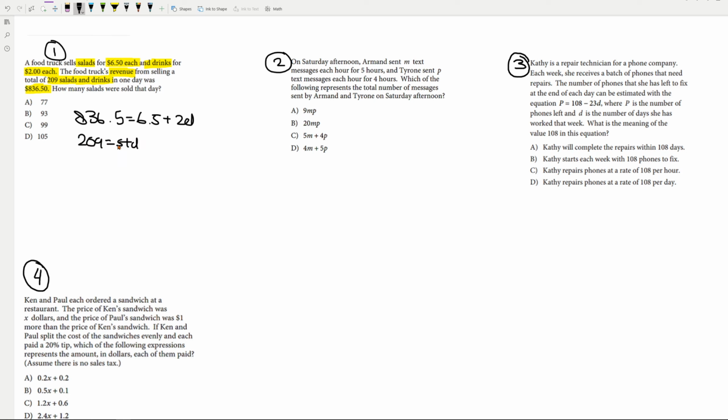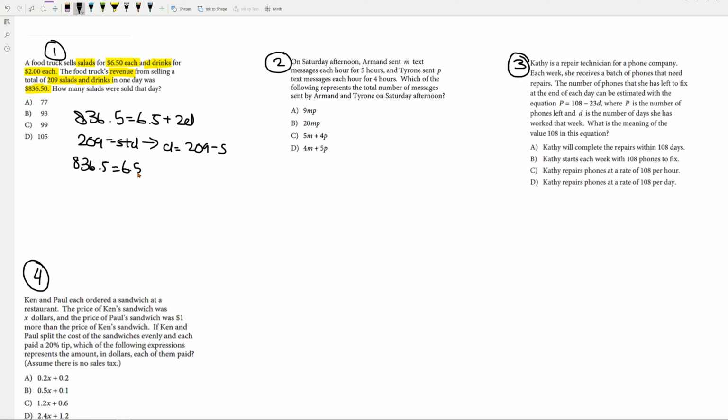Now, for the second equation, what we should do is isolate a single variable. Since we're looking for salads, what we want to replace in the first equation is D. So now I'm going to solve the second equation in terms of D. And now I get 209 minus S is equal to D. Now what I'm going to do is plug it back into the original equation, the revenue equation.